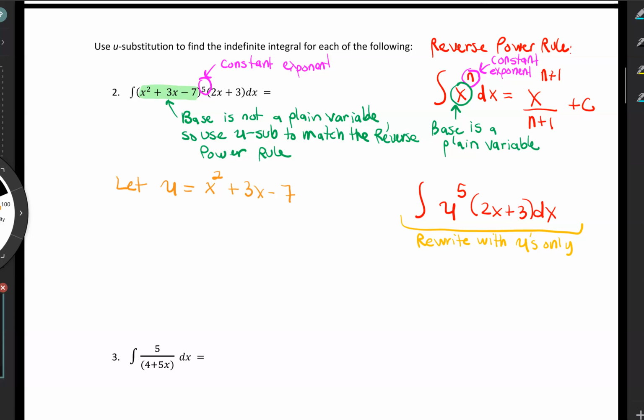Okay, so we're going to take the derivative of this, but instead of saying u prime, we're going to use that fraction notation. So that's going to be derivative of u with respect to x, du dx, equals derivative of x squared is 2x, derivative of 3x is 3, and technically the derivative of the constant 7 is 0, but we're not going to write that.